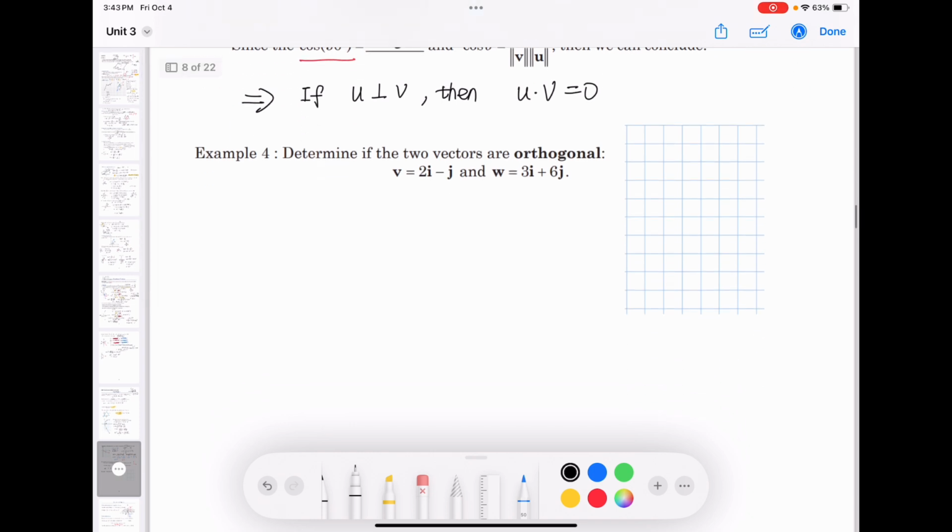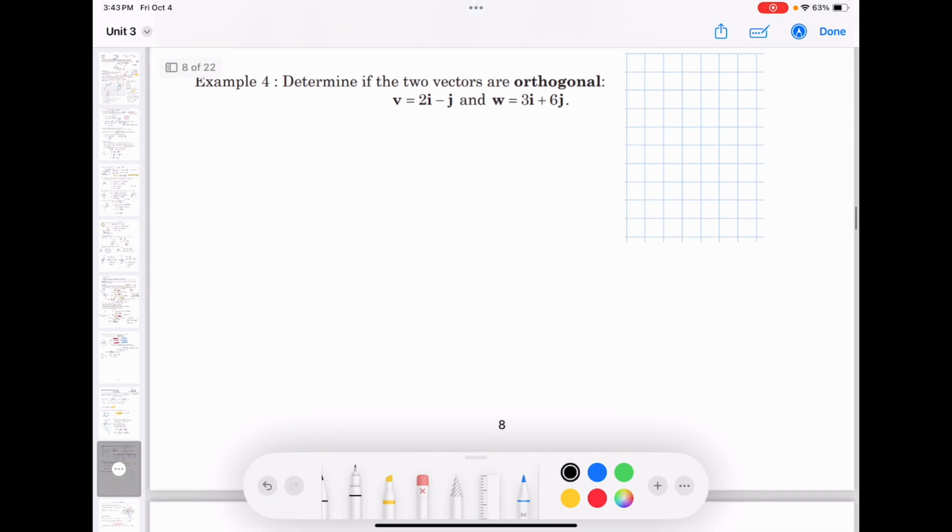Let's see the first example, example 4. Determine if the two vectors are orthogonal. We have two vectors. If I'm not drawing it, I want to find if v dot w is 0. v dot w is 2 times 3 plus -1 times positive 6, so it is 6 minus 6, which is 0. Yes, because cosine theta is equal to 0.